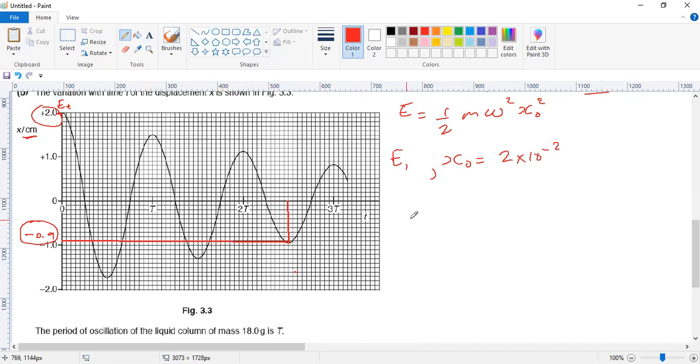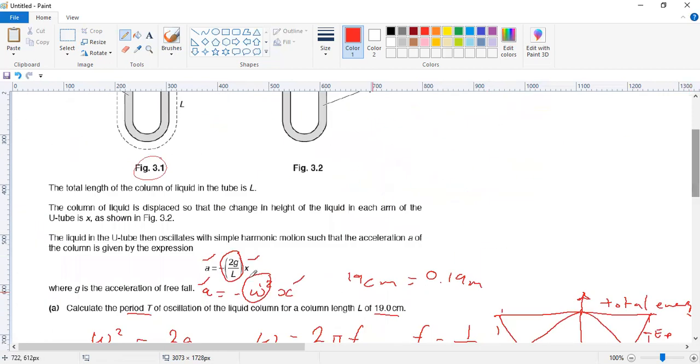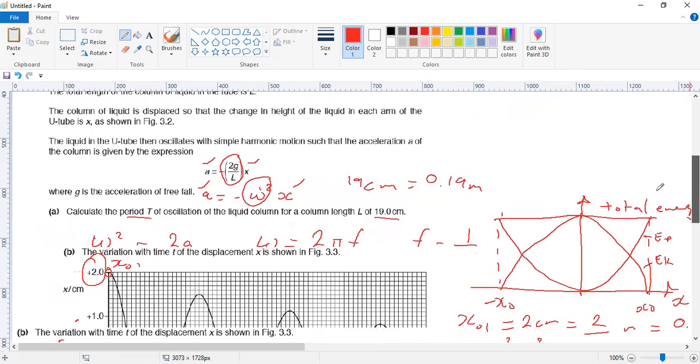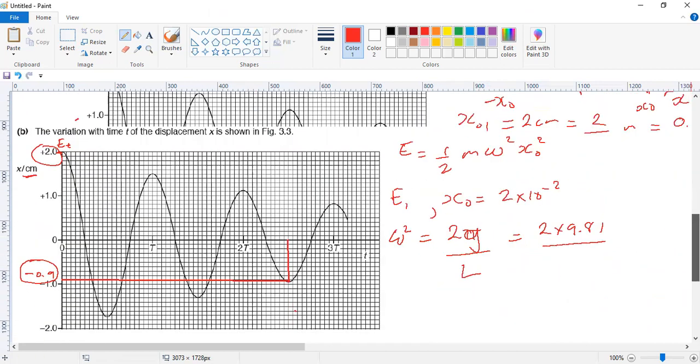All right. So omega squared is equal to 2g over L. Where do we get that? We have been given this. We compared omega squared to 2g over L. So omega squared is equal to 2g over L, which is 2 times 9.81 over the length 0.19 meters.